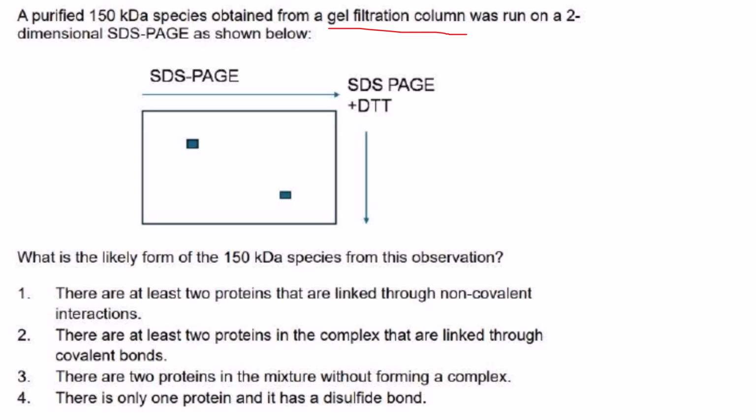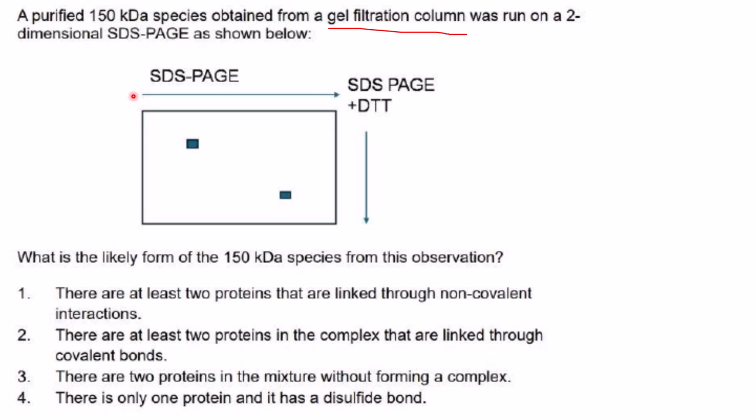Then this was run on a two-dimensional SDS page. So a similar two-dimensional SDS page has been asked in your morning shift also. I have discussed it there. That was a different question. The band position was at different places in the morning shift. You can go to my channel and see the morning session shift and you will find it there. I have explained it there.